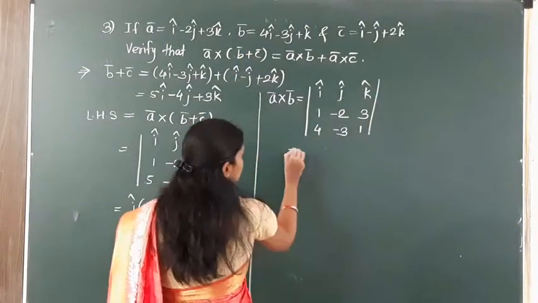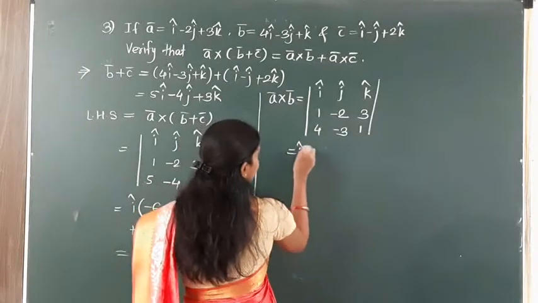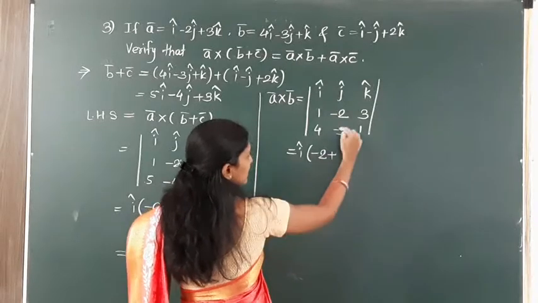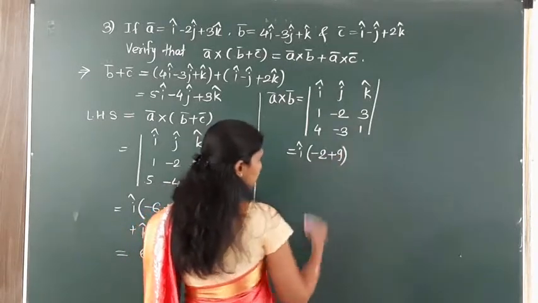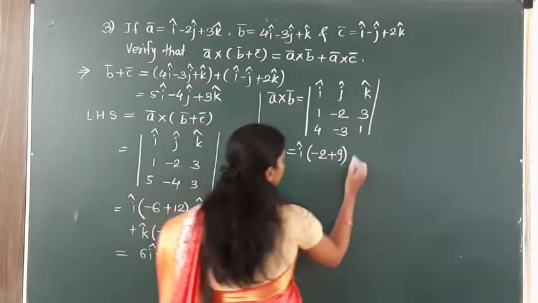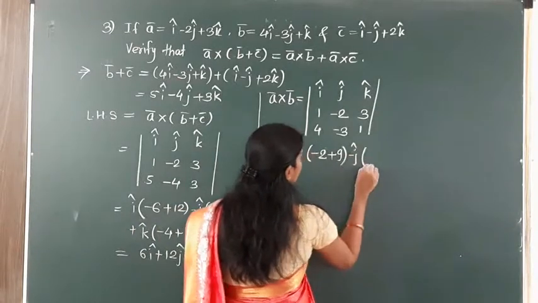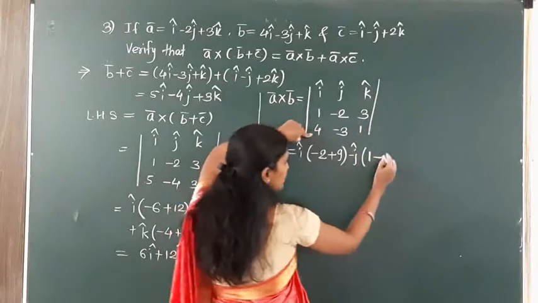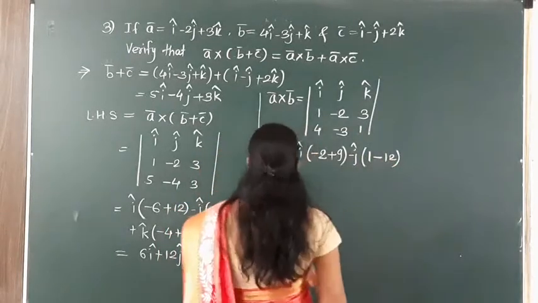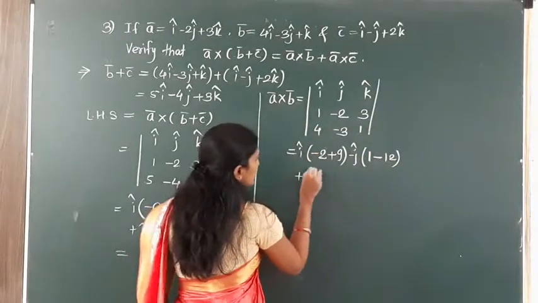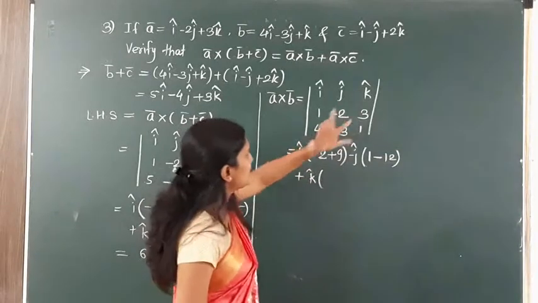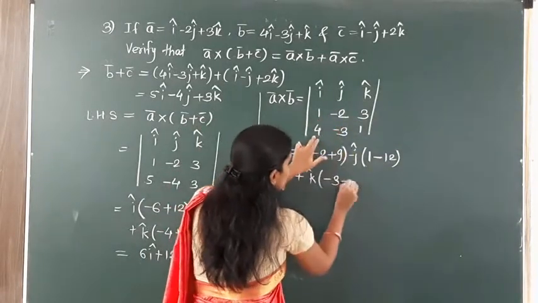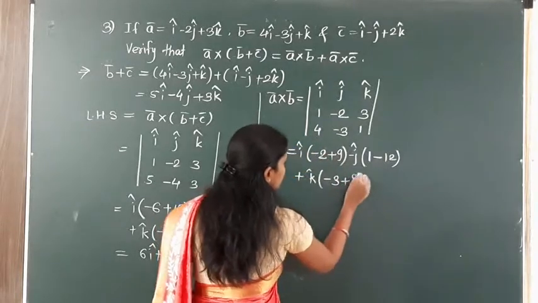Now we expand this: i cap into bracket minus 2 minus minus gets plus 9. Now minus j cap into bracket 1 minus 4 into 3, 12, 1 minus 12. Plus k cap into bracket, minus 3 minus plus 8.